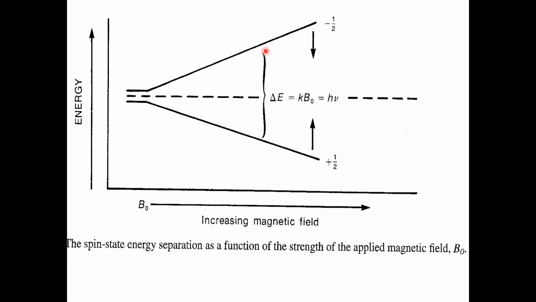The energy gap between the high energy and low energy states increases with the increase of magnetic field strength. In the absence of a magnetic field, the energy gap is zero and we cannot observe NMR. However, when we increase the magnetic field, the energy gap increases, and this allows, upon the use of radio frequency, transition between energy levels.